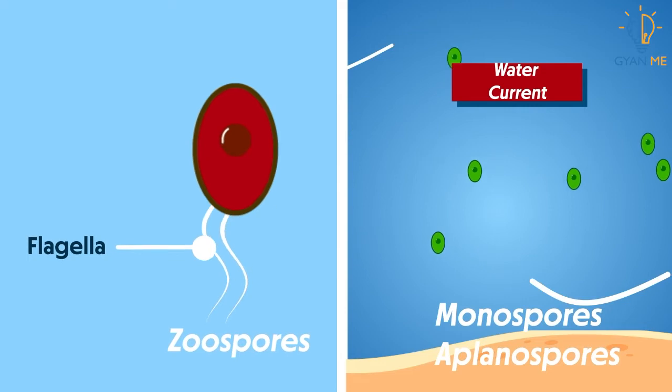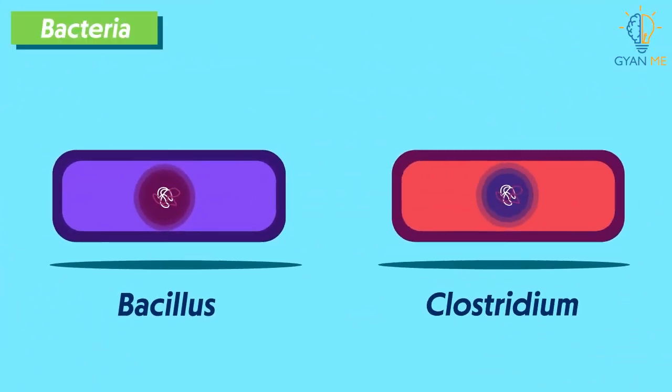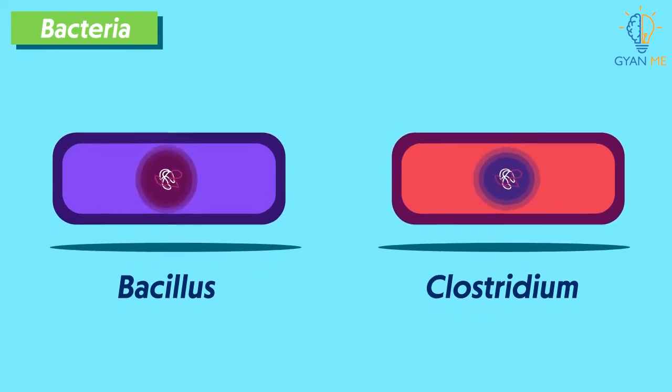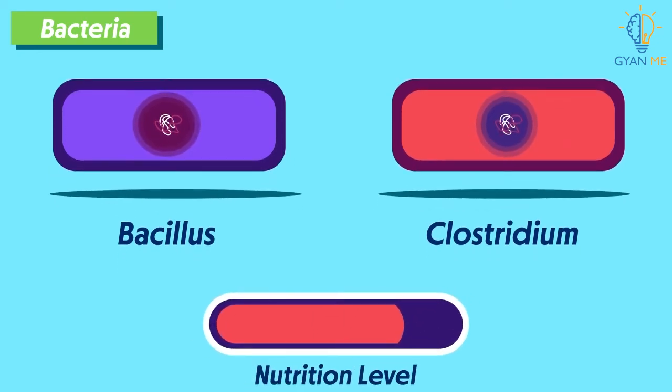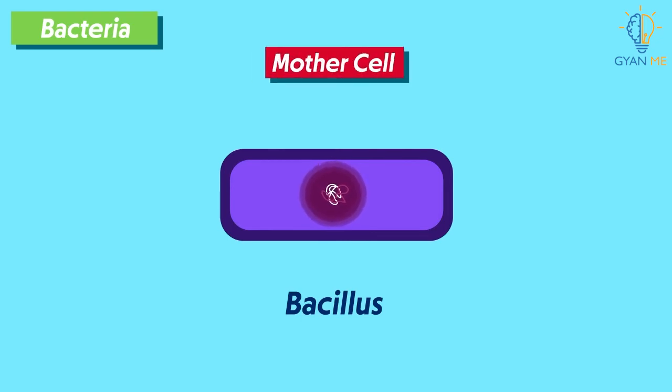Spore formation is also observed in many bacteria like Bacillus and Clostridium and several other disease-causing bacteria. When nutrition is depleted from the medium or adverse conditions are created, the bacterium initiates spore formation. Now the cell is referred to as the mother cell.